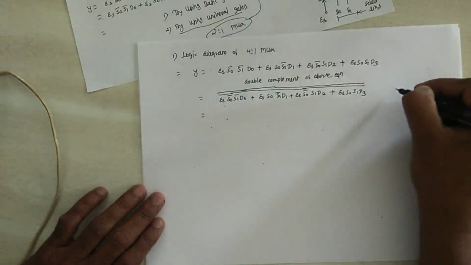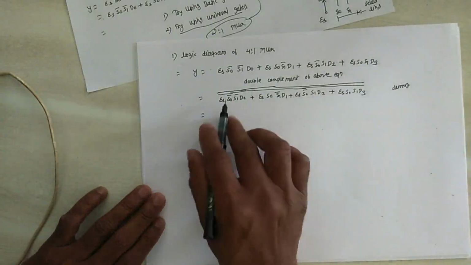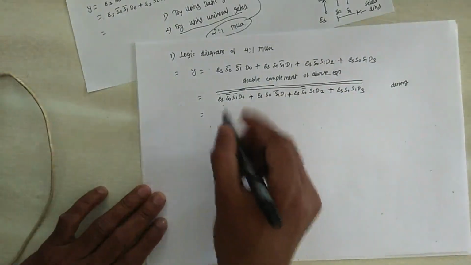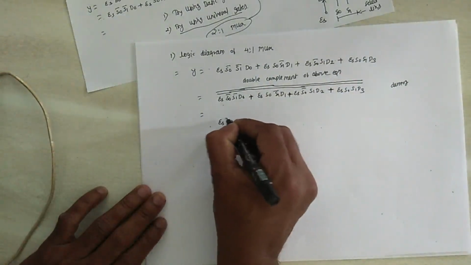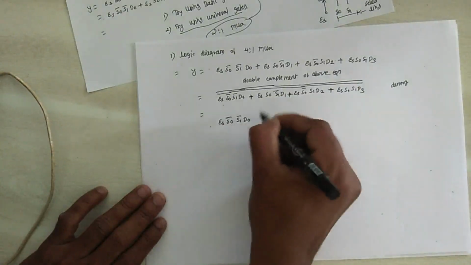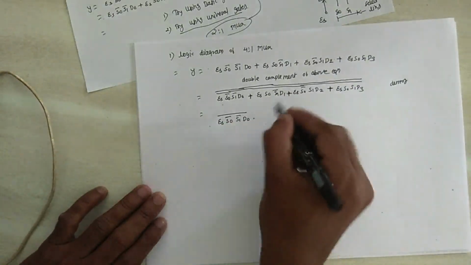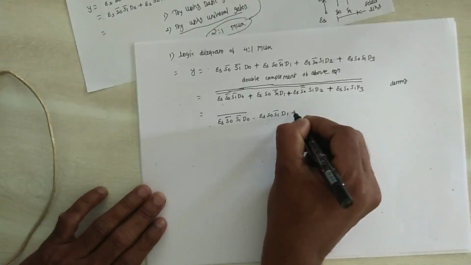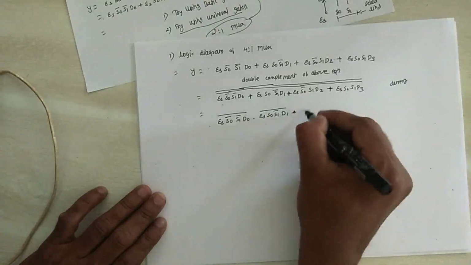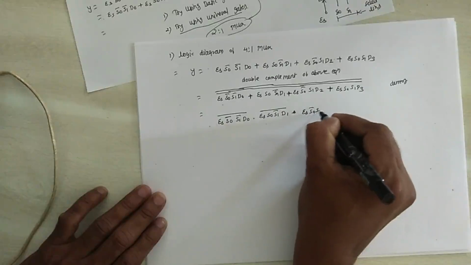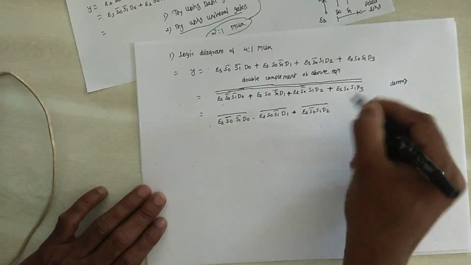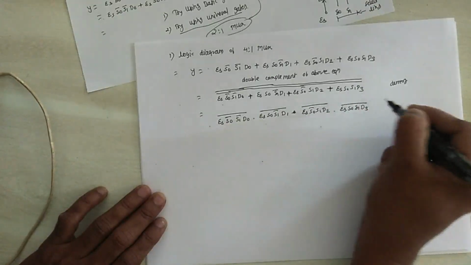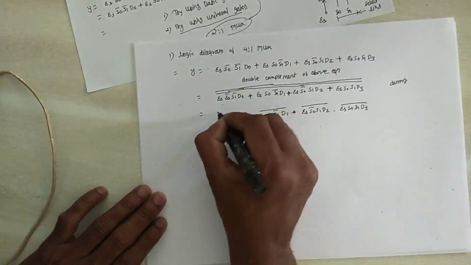Then we apply De Morgan's theorem, which converts the OR into an AND. The equation becomes: S0 complement S1 complement D0 with a whole bar, S0 S1 complement D1 as the second complement, S0 S1 D2 as the third term complement, and S0 S1 D3 as the fourth complement, ANDed together, and this complement as it is.